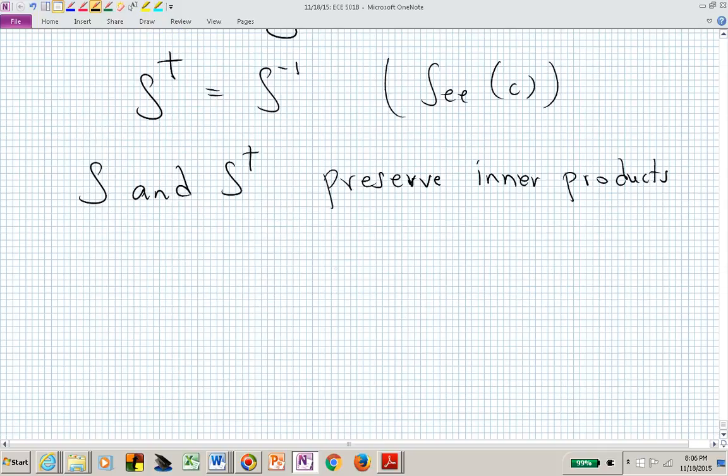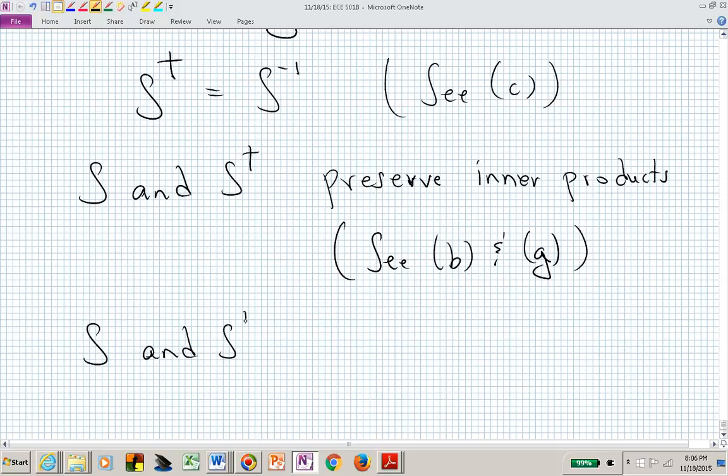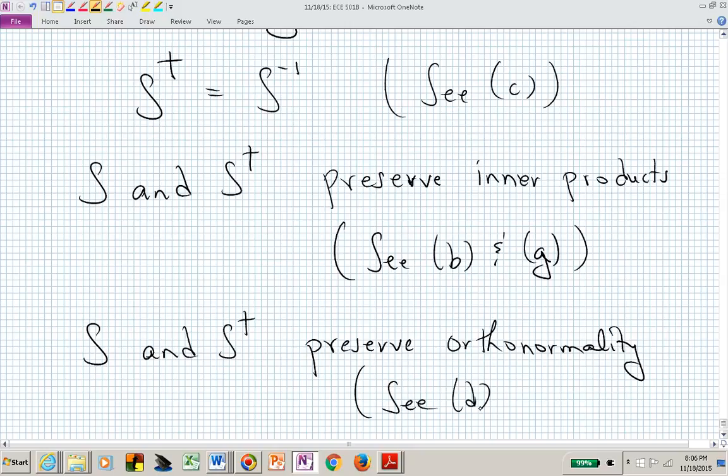And that's if we look at statement B and statement G. S and its adjoint preserve orthonormality. There we can see that that's true for D and I.